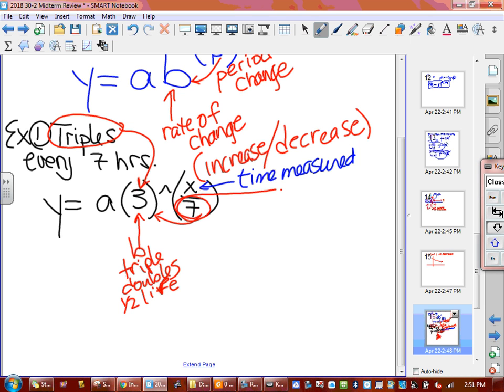In an experiment, let's say. So if you only did it for 30 days, and this is happening every 7 hours, that's a lot. You're going to have a lot of data. But maybe you only did 2 days. If you did 2 days, well, that's your time on top. But if this is in hours on the bottom, you would change your days to hours. Your time frame has to be the same. All right. That's the basics of these.